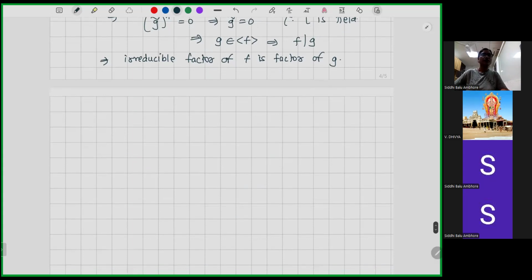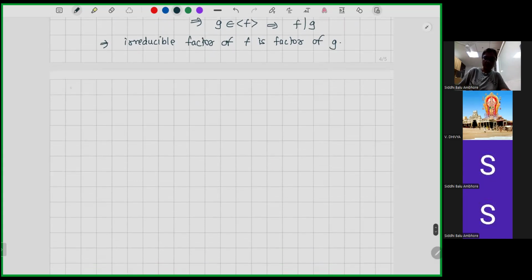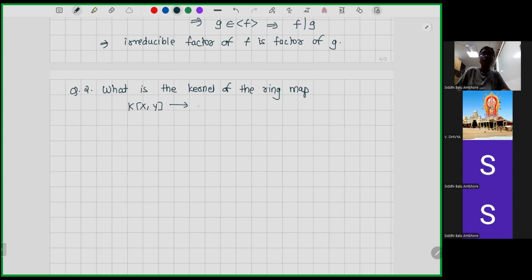We will try to do this question. What is the kernel of the ring map k[x,y] to k[t^a, t^b] in k[t]?